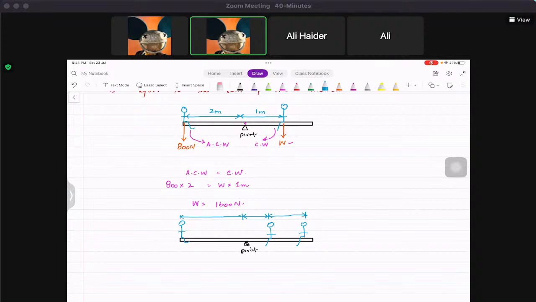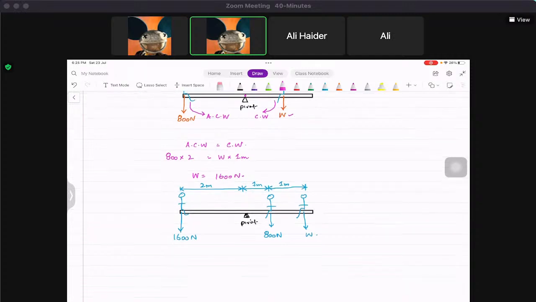This is 2 meters, this is 1 meter, this is 1 meter. 1600 newtons, 800 newtons, and we would like to know what is his weight. So for this one, you should remember that one by one, this person is going to turn it this way, which is anti-clockwise, and this person also this way, clockwise, and this person anti-clockwise.